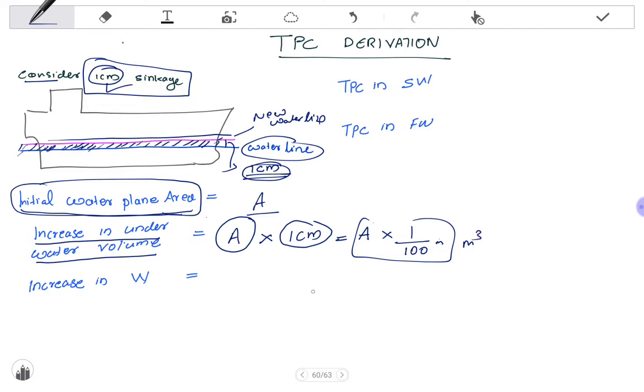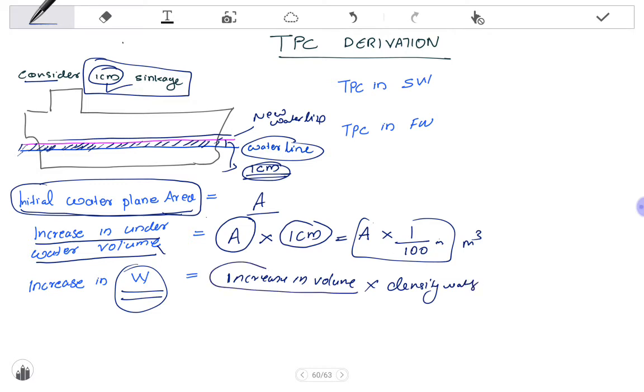So the increase in displacement due to sinkage will be the increase in volume into the density of water. The increase in volume is A into 1 by 100.